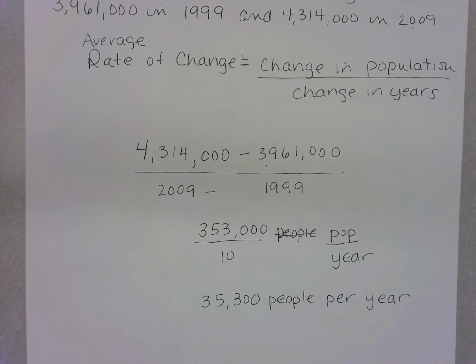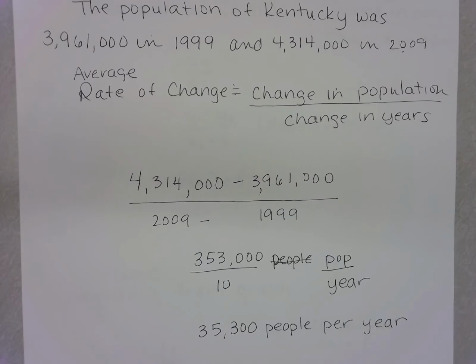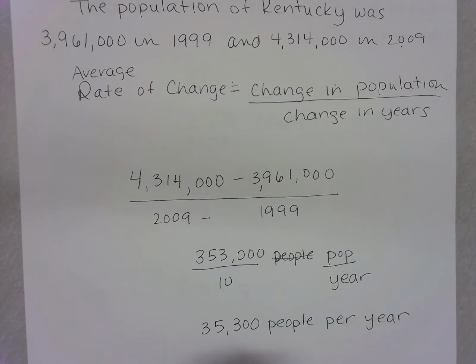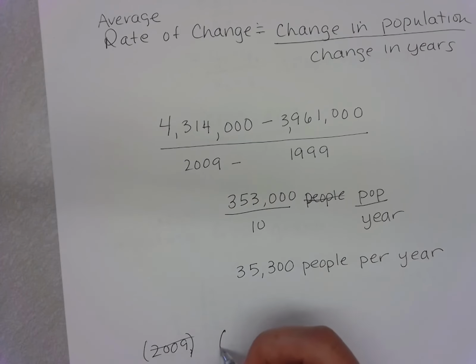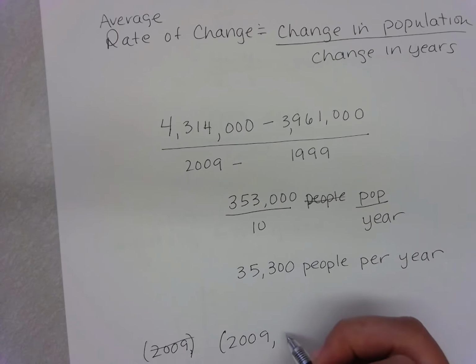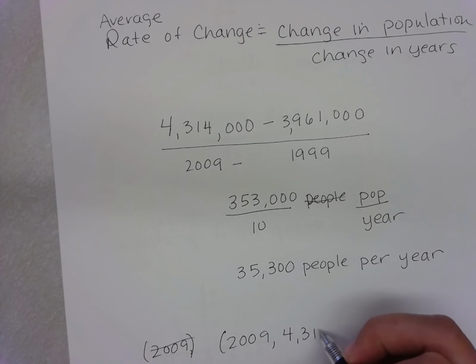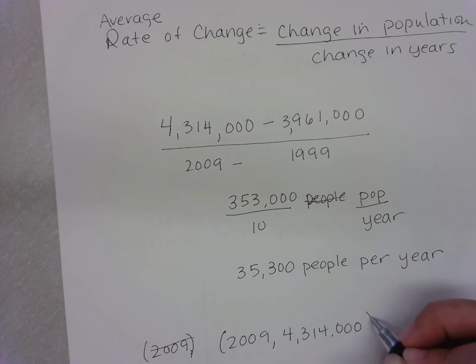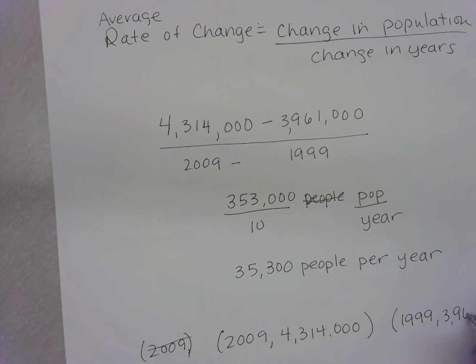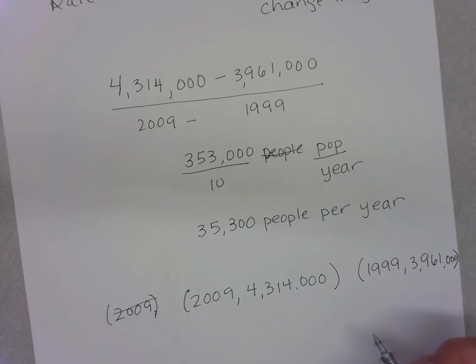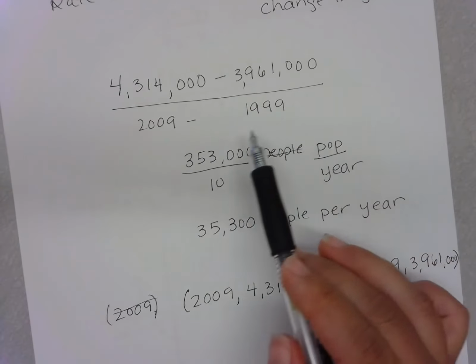Now you might notice that if I had written it as an ordered pair, 2009, comma 4,314,000, and the other ordered pair 1999 and 3,961,000, then these are just ordered pairs, and this is just the slope calculation.